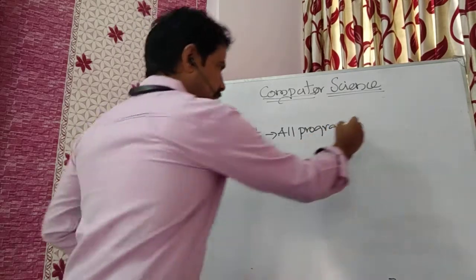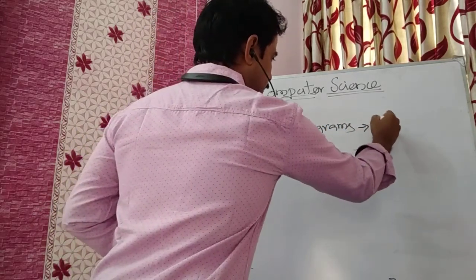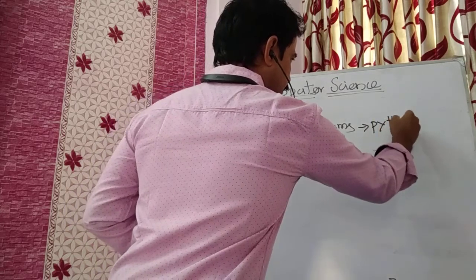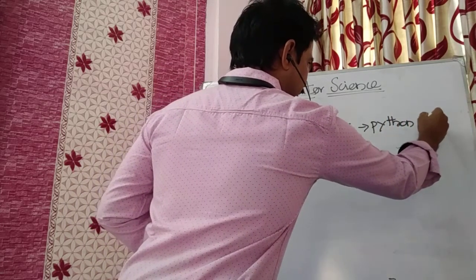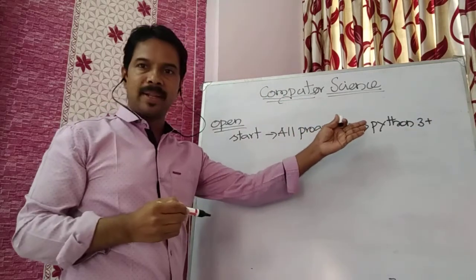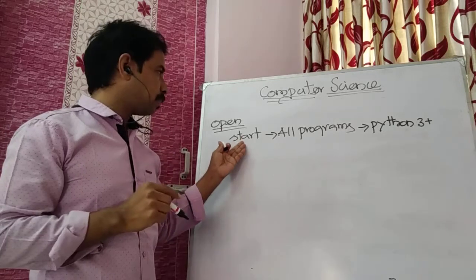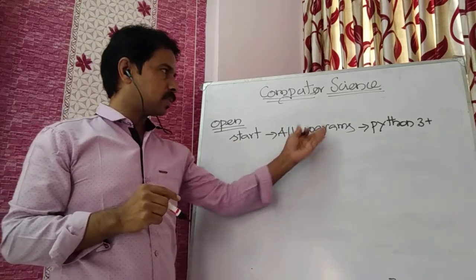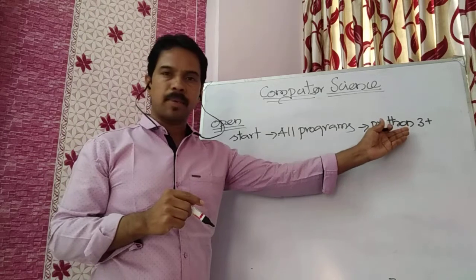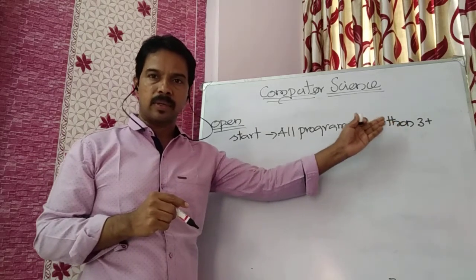Then Python 3 point something, that can be any version. So you click the start button, all programs, then Python 3 or something will be there based on the version you have.